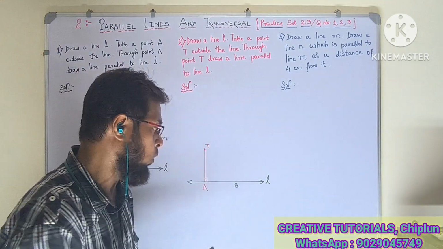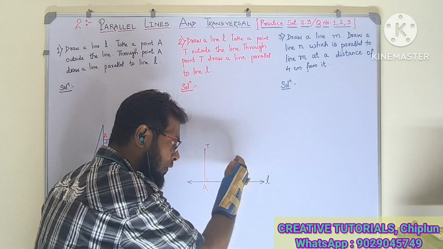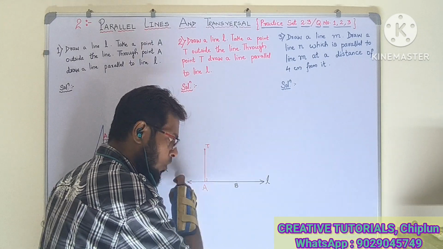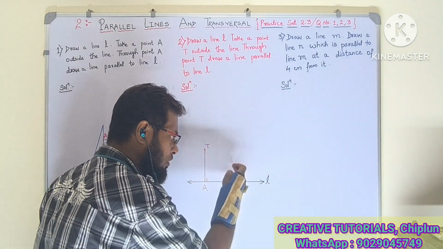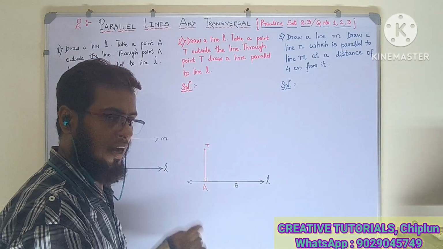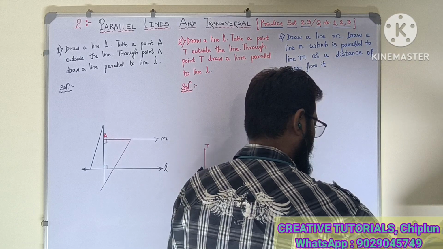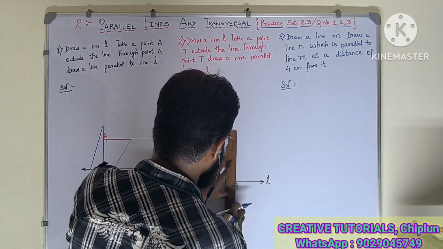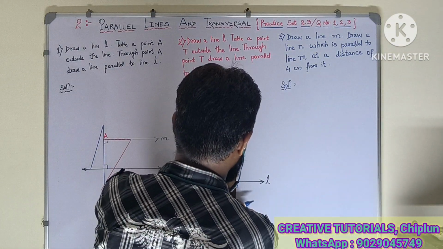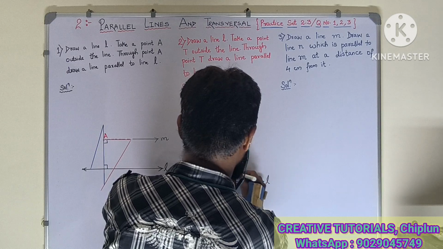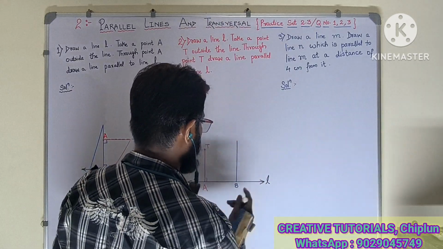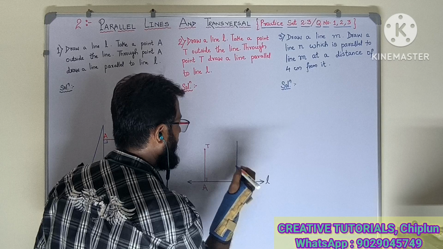Passing through this point B, again using set squares, you will draw one perpendicular line.